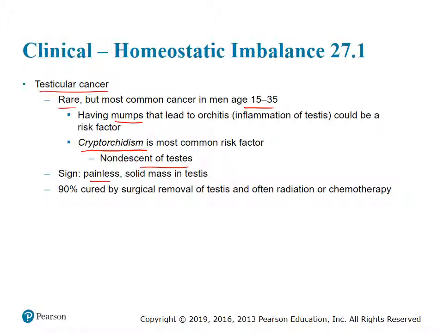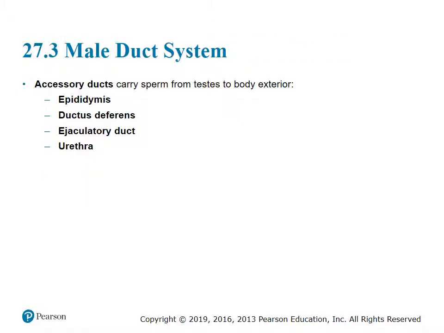It's usually a painless solid mass in the testes, and again, it's very rare. And then a 90% cure rate, 90% survival rate if found early, right? But just to point out, there is cancer of all tissue, and especially there is cancer of the reproductive parts as well.